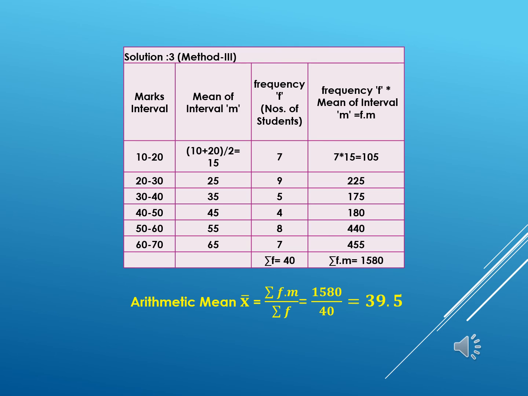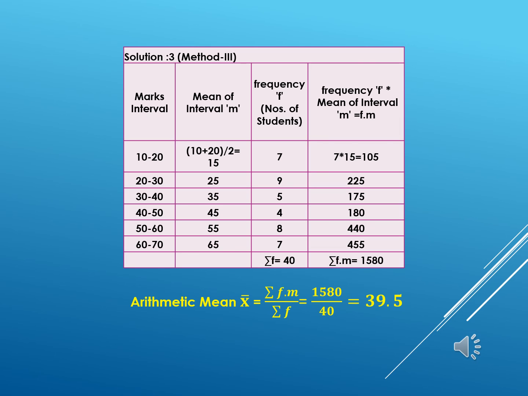For third row, 5 into 35 will be 175. For fourth row, f into m will be 4 into 45 equal to 180. Similarly, for fifth row, 8 into 55 will be 440. For sixth row, f into m will be 7 into 65, which is 455.